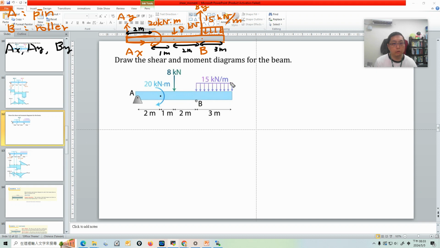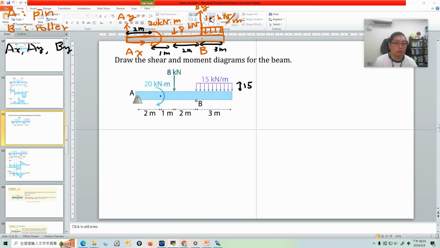The magnitude of the resultant force is the area under the distributed load curve. The height is 15 kilonewton per meter, and the length is 3 meter, so the magnitude of the resultant force is 45 pointing down.